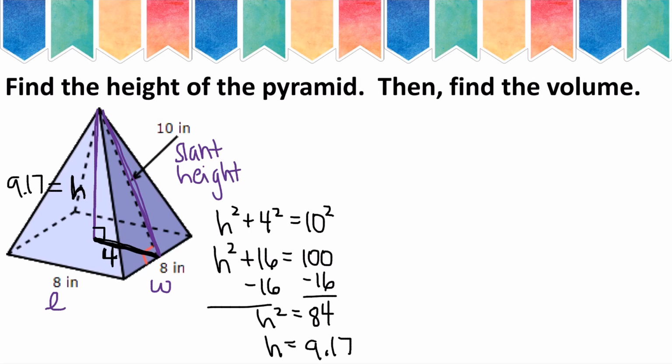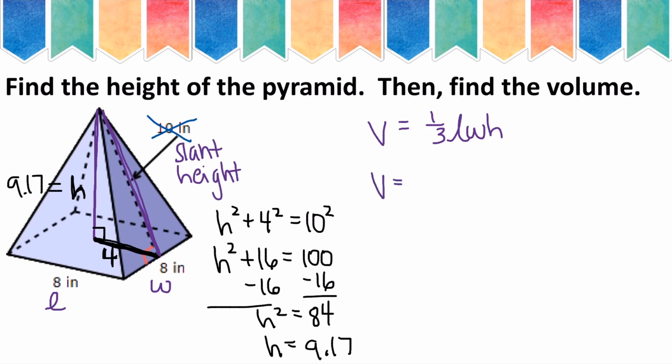And now I can calculate the volume of my pyramid, because I have the length, the width, and the height. So this slant height number will no longer be used. That 10 inches, we don't care about it anymore, because for the volume of a pyramid, we only want length times width times height.